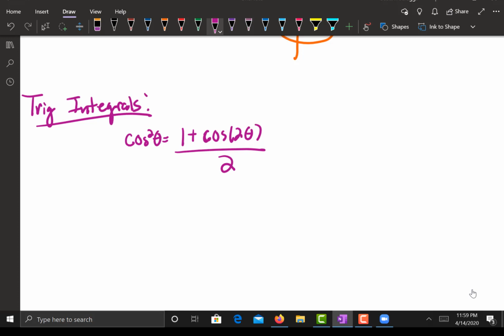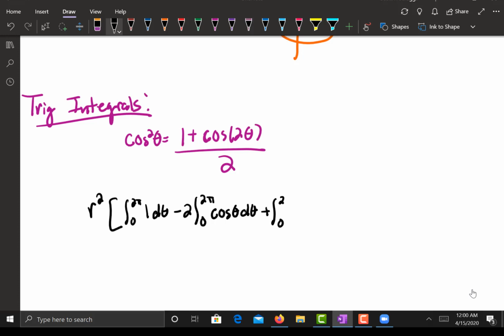Meaning that I can rewrite the integral now as, back from our previous work, r squared times the integral from 0 to 2 pi of 1 d theta minus 2 times the integral from 0 to 2 pi of cosine of theta d theta plus the integral from 0 to 2 pi of 1 plus cosine of 2 theta over 2 d theta.